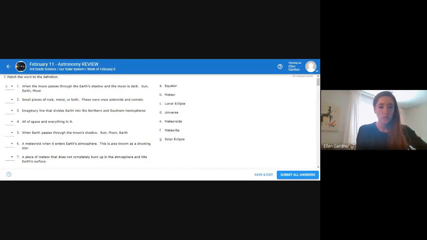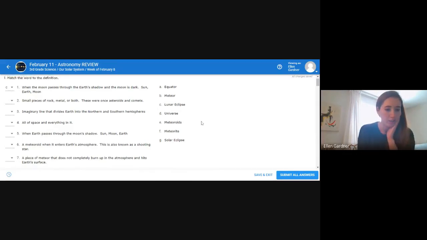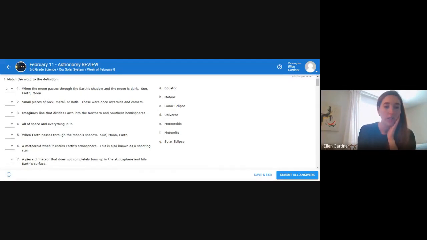Okay, so going through these, we should have, so a meteoroid, when it enters Earth's atmosphere, this is also known as a shooting star. That would be meteor.